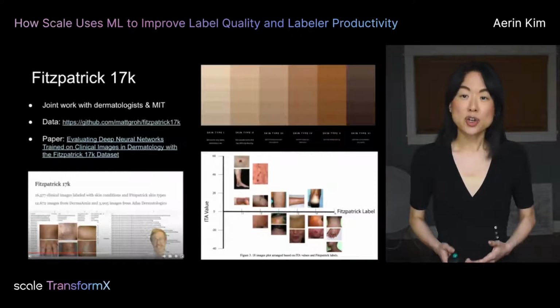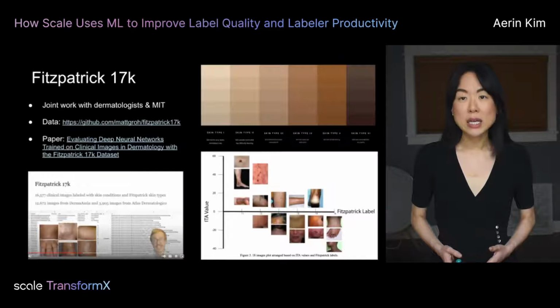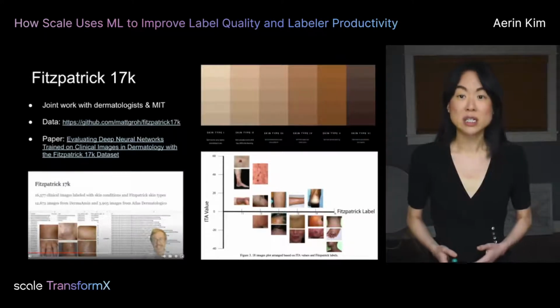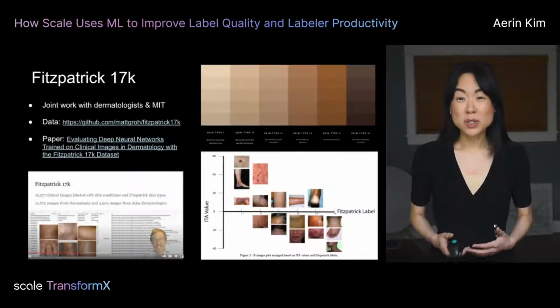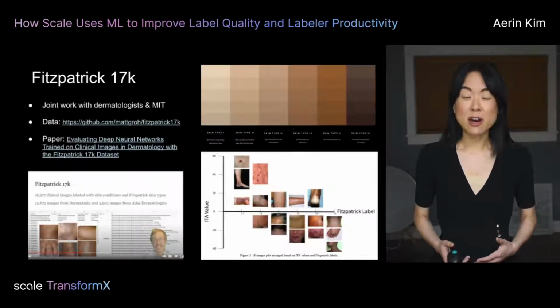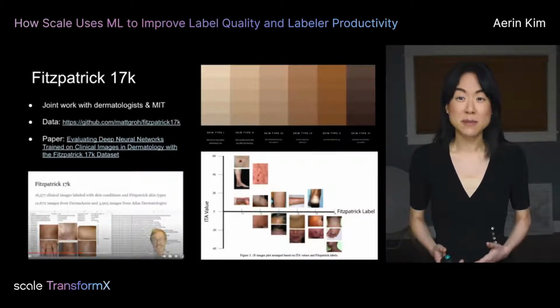Fitzpatrick is a numerical classification schema for human skin color. Type 1 is the lightest in color and most sensitive to sun exposure, and type 6 is the darkest and most sun resistant. So this is an important social service because there is less representation of darker skin in clinical images.